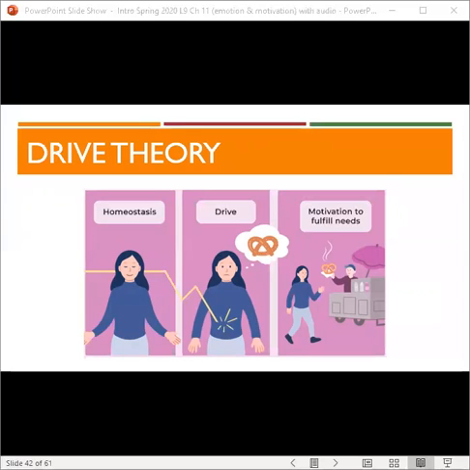So you might be motivated to drink a glass of water in order to reduce the uncomfortable internal state of thirst. This theory is useful in explaining behaviors that have strong biological components, such as thirst or hunger, as you see in the image here. Hull based his theory on the concept of homeostasis, which is the idea that your body actively works to maintain a certain sense of balance or equilibrium.